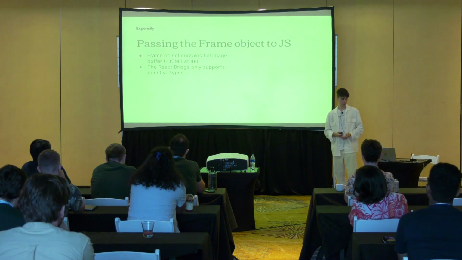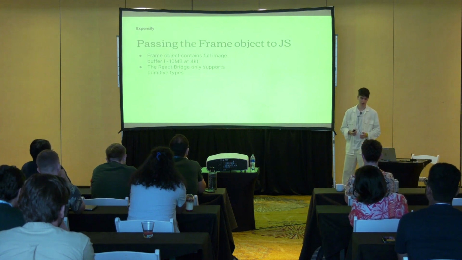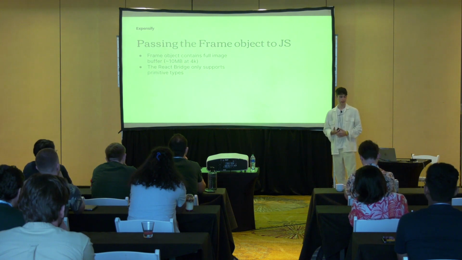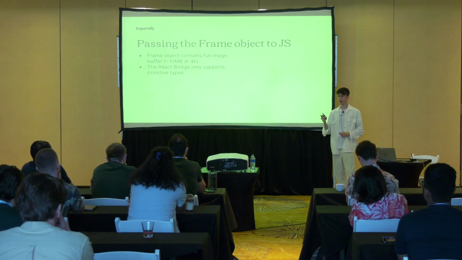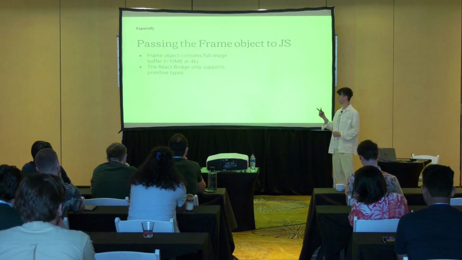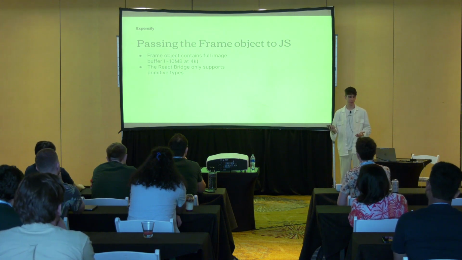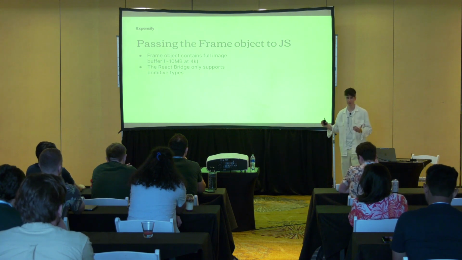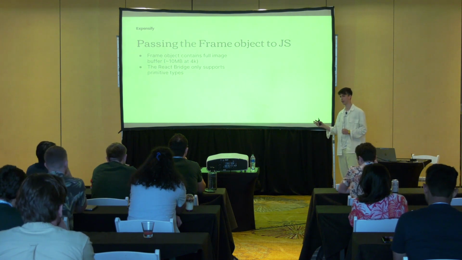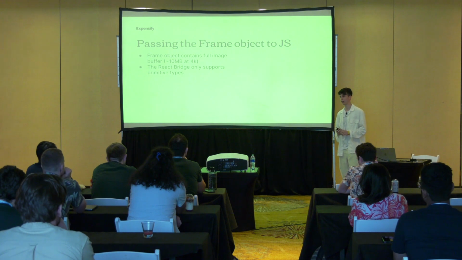So yeah, the frame object can't just be passed as a byte array, because the frame object is a full image buffer that's allocated on the GPU. At 4K, that's around 10 megabytes. And if you sum that up at 60 FPS, you're at 600 megabytes per second. And then after just 1.5 seconds, you're at 1 gigabyte of data being passed around.